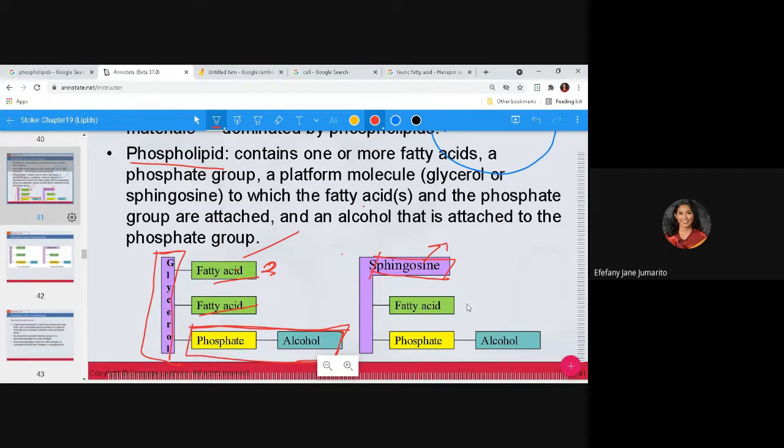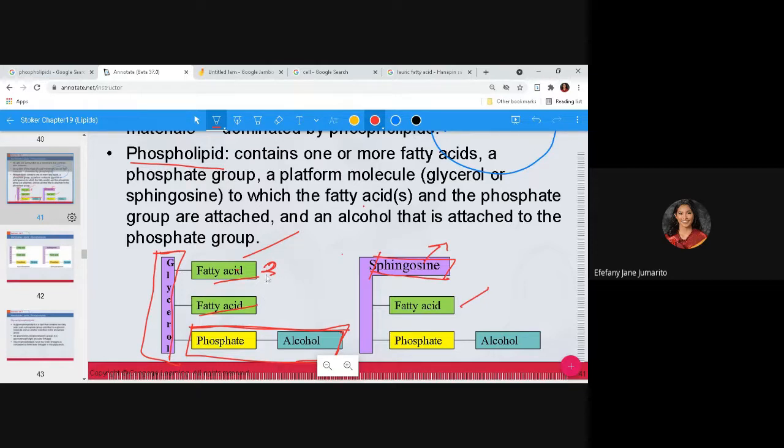So when we have sphingosine as your backbone, how many fatty acids does it have? Only one. Then when we have a glycerol, we have two fatty acids.